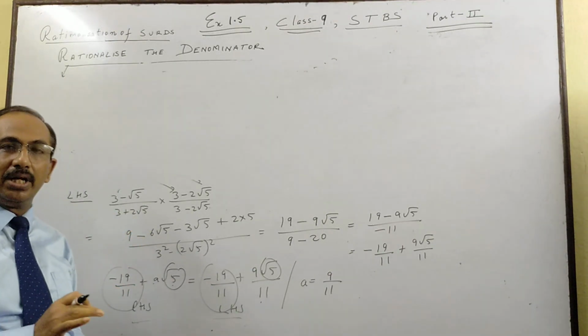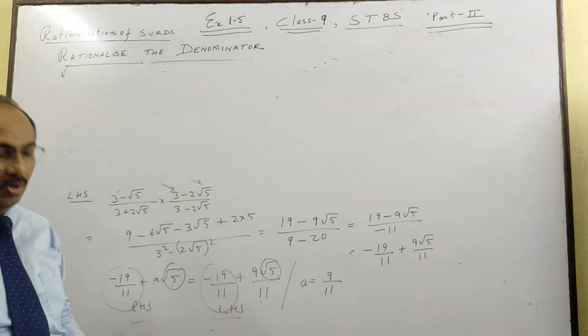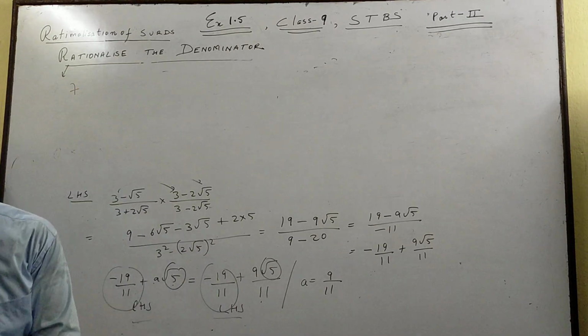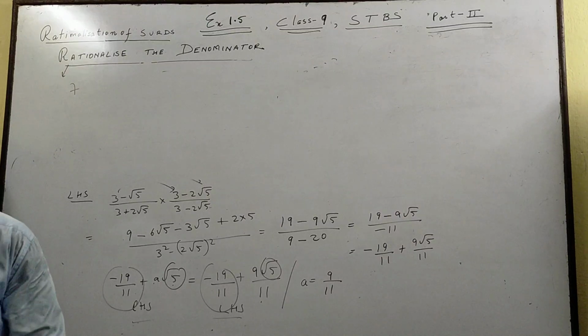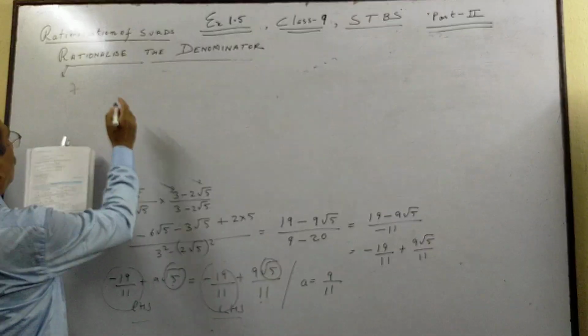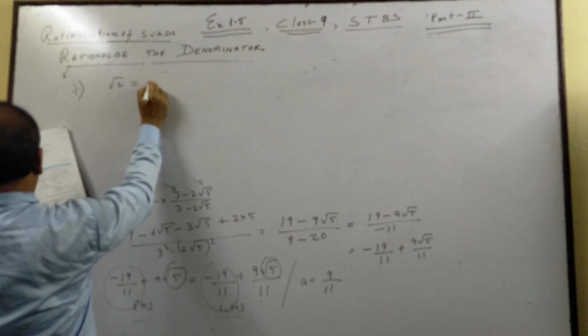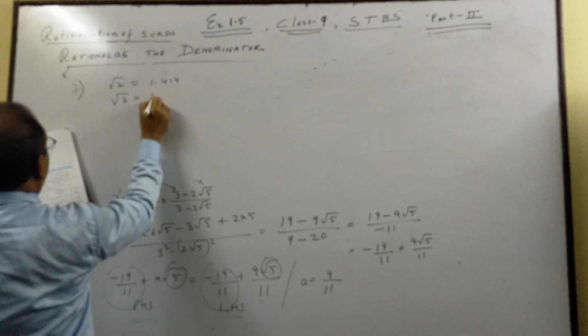Have a copy and pen, write, pause and practice, and maybe after the video you practice it. So question number 7, we have root 2, this is very important, 1.414. These two values are given.